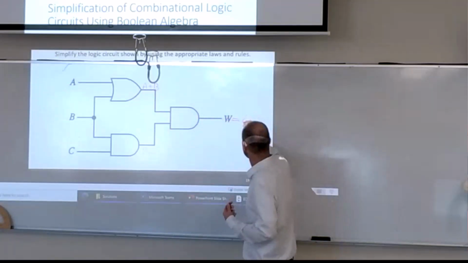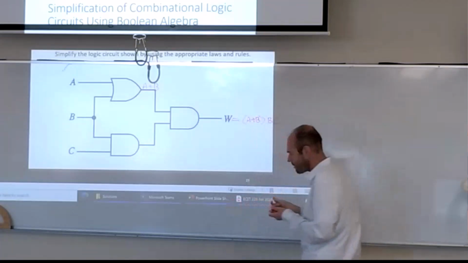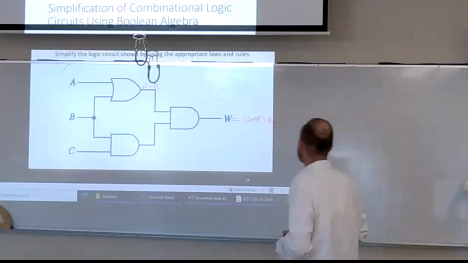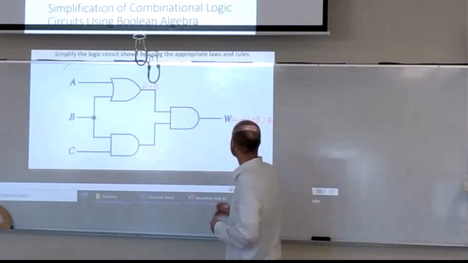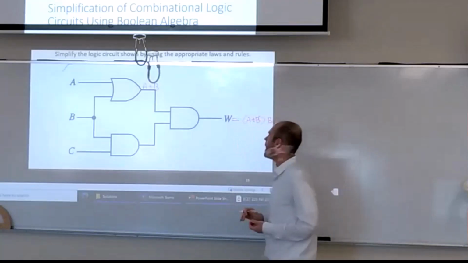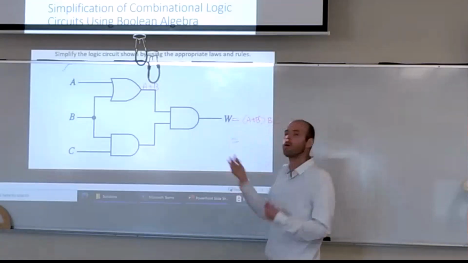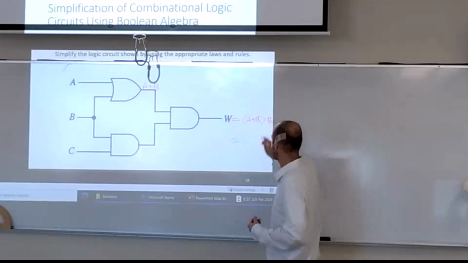Parentheses A or B, close parentheses BC, which we note is similar to part of the previous circuit, but it's missing an additional connection. But now we can apply our simplification. So we can do what we did last time, which is just multiply out the BC.